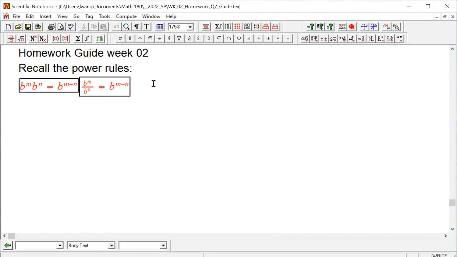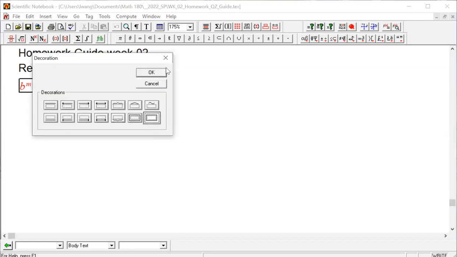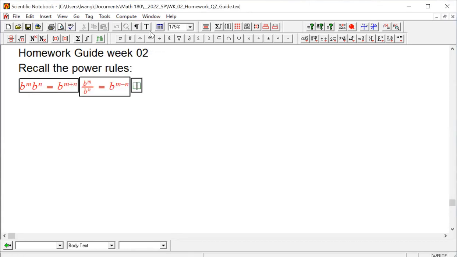There are a bunch of other properties here, such as a times b to the power of n equals a to the power of n and b raised to the power of n.